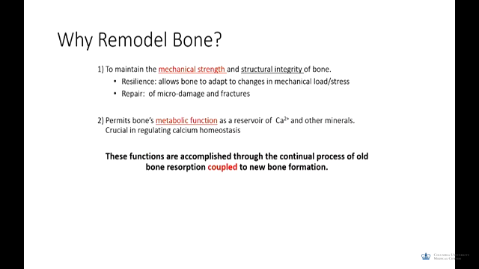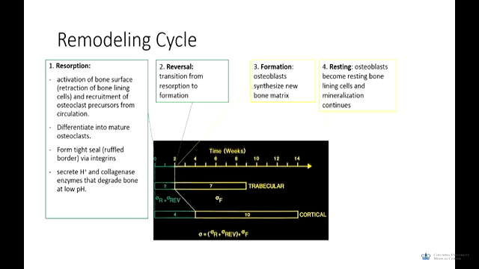So bone strength is maintained by remodeling, and remodeling also helps to mobilize calcium stores whenever there's a calcium deficiency. So there's a cycle of remodeling, which is first the resorption phase, and the cells that line the bone recruit osteoclasts from the circulation. So basically the osteoclast precursors are in the blood, and then they come in and differentiate into osteoclasts.